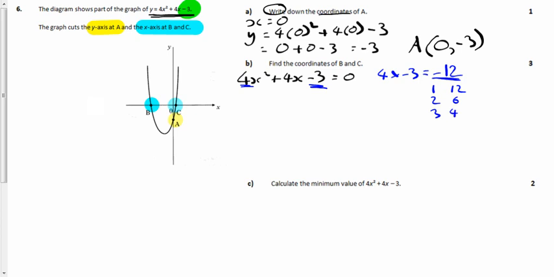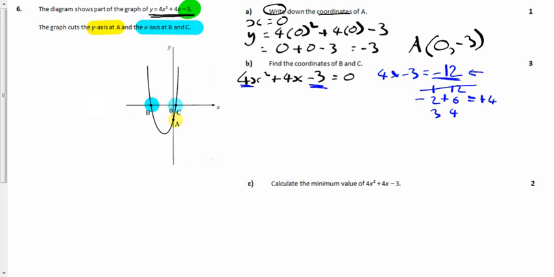Studying this to get positive 4, well, 1 and 12 won't work. Negative 2 plus 6, so let's check. Those two multiply to give me negative 12, and they add up to give me positive 4.